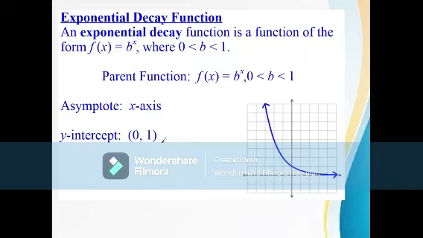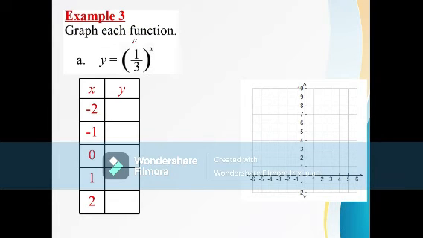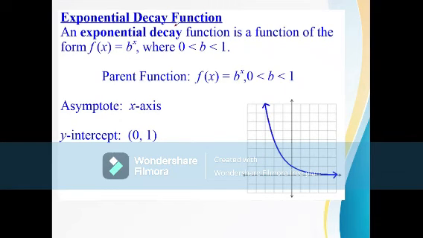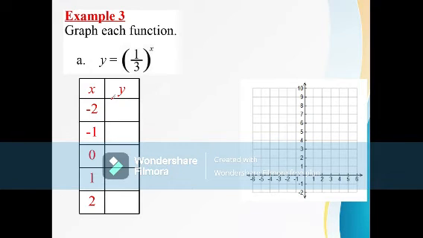Okay. So let's continue. For example, graph the function y is equal to 1/3 to the power of x. So this is an example of an exponential decay function because the value of b here is greater than 0 but less than 1. Remember, 1/3 is equivalent to 0.3 repeating.